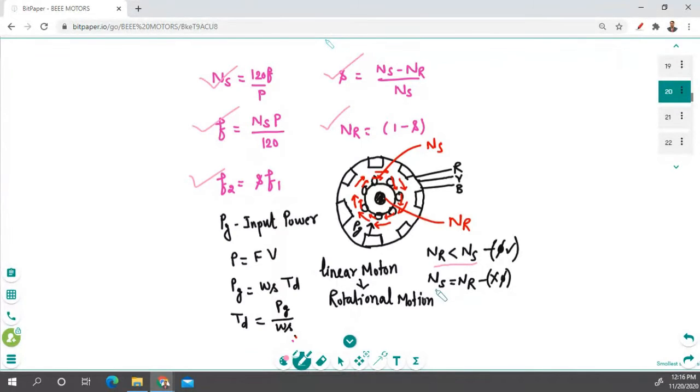And if we take the actual speed and synchronous speed equal, then this rotor will not rotate at this point of time. Understood, Yamini? If your actual speed is less than the synchronous speed, then you will get rotation. If your synchronous speed and rotor speed are equal, then you will not get any rotation.